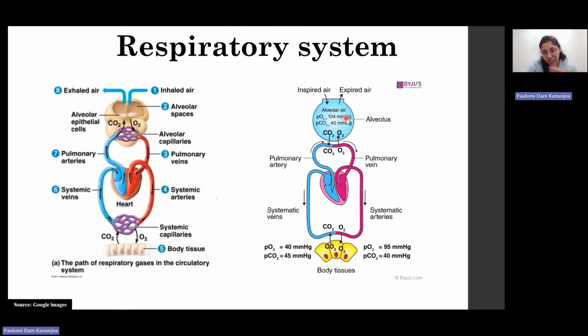So what happened here is oxygen diffused down its partial pressure gradient from the alveoli to the blood. First, the oxygen moved from air to alveoli. Now it has moved from alveoli to blood. And carbon dioxide, again down its gradient, moved from blood to alveoli, and then later from alveoli it moves out to the atmosphere.